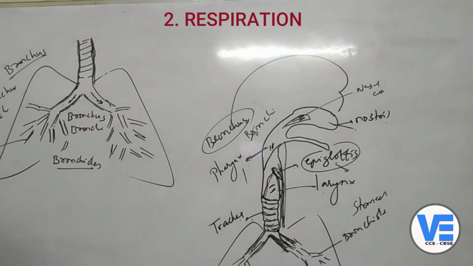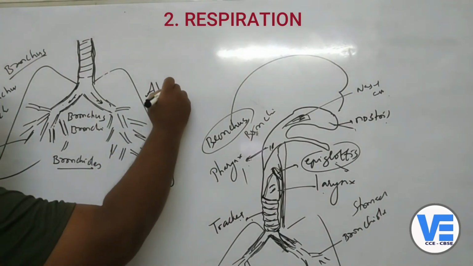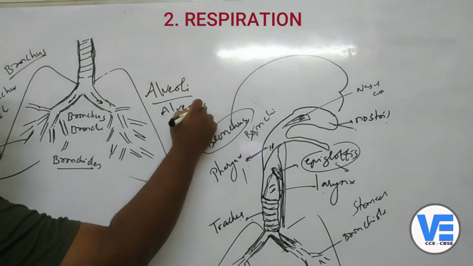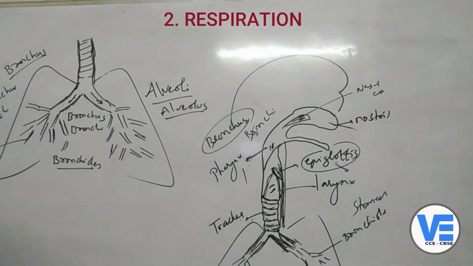Now the last part is the alveoli. Alveolus is the singular and alveoli is the plural. Alveoli is the final part, a cluster of air sacs in the lungs.